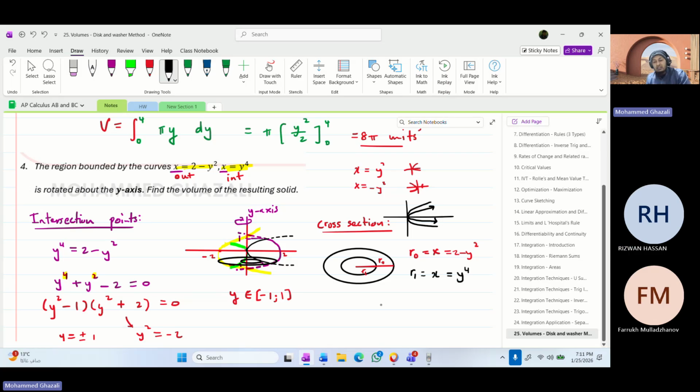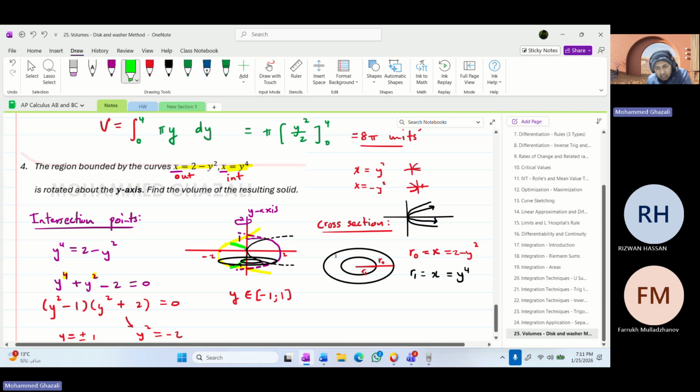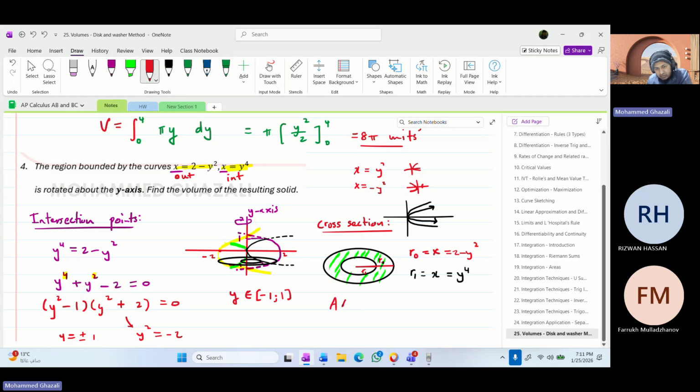So now what is the area of the cross section? It's a bigger circle minus the smaller circle, right? Area of the cross section is the big circle, so outer minus small circle, which is inside, right?